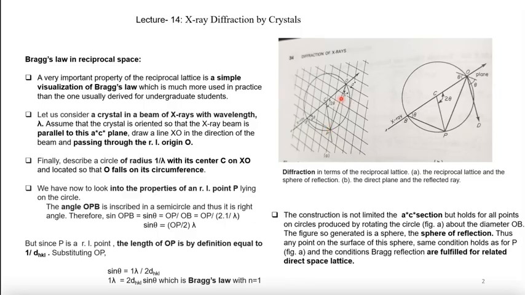So the angle OPB is inscribed in a semicircle, and thus this is a right angle. Therefore sine theta is equal to OP by OB.